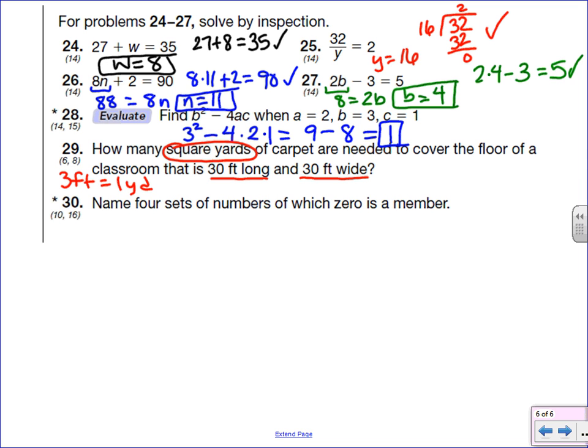So if I have 30 feet, then the 3 feet goes on the bottom to cancel out with the feet on top, and the 1 yard goes on top. And this tells me that I do 30 divided by 3. So there are 10 yards in 30 feet.